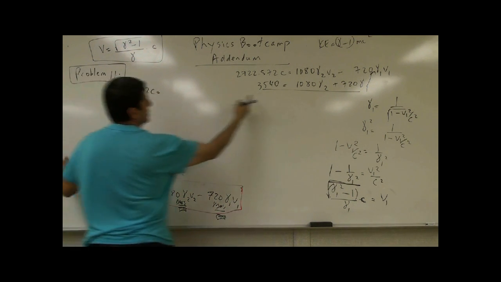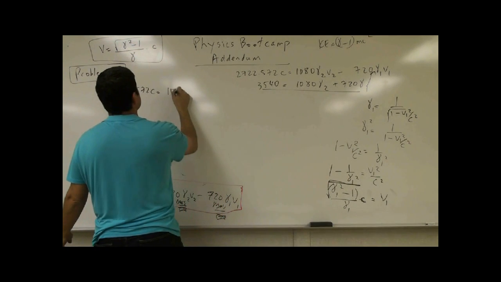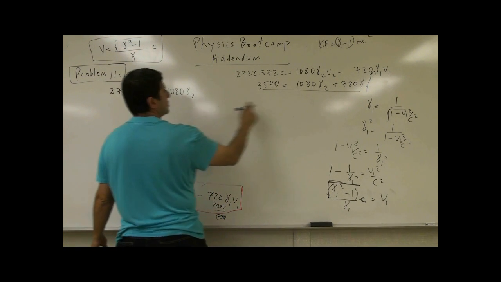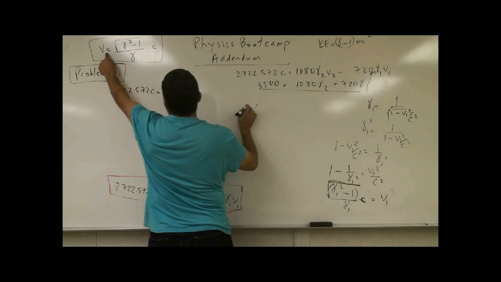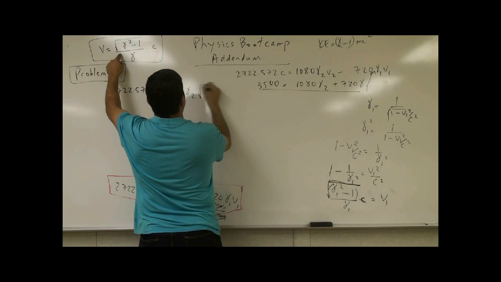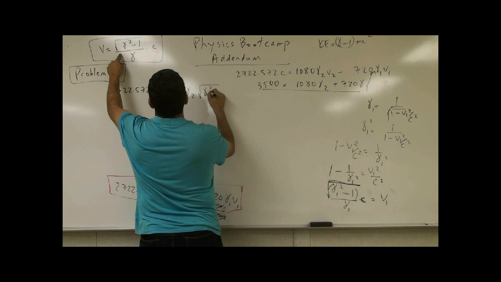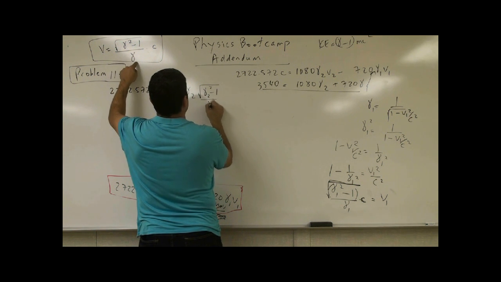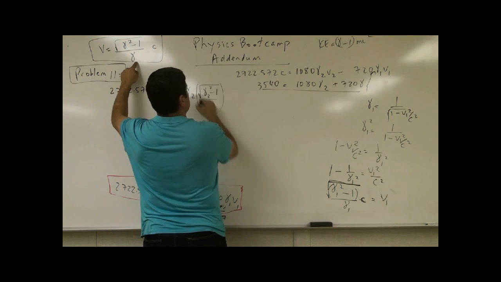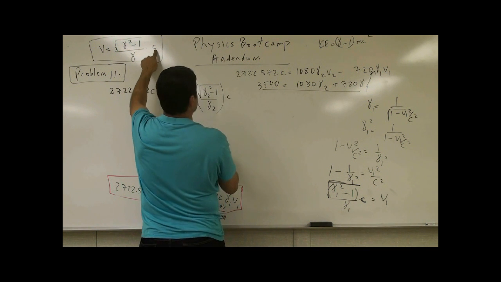2722.572 equals 1080 gamma 2 times v2. I can use this equation that I derived for v2: the square root of gamma 2 squared minus 1 over gamma 2 times c, right?